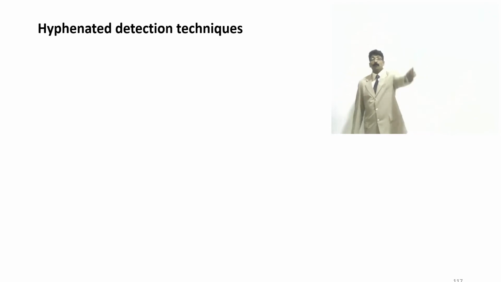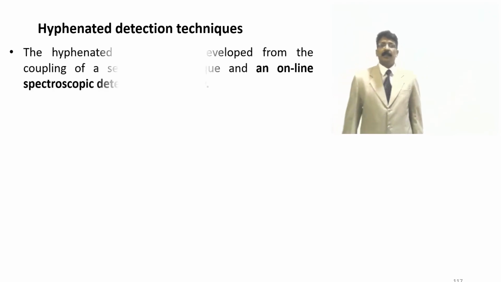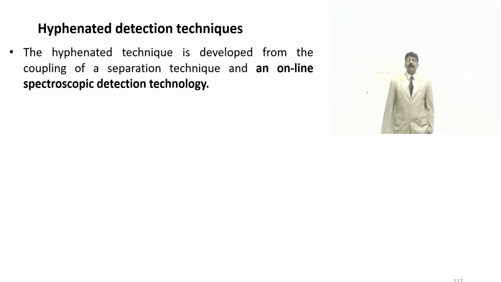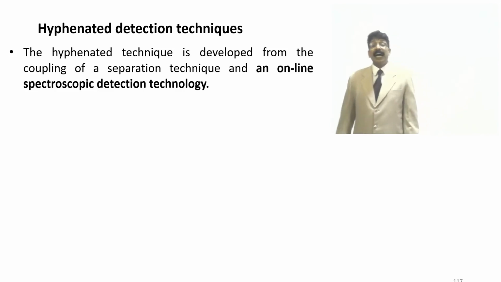Just now we discussed mass spectroscopy, which is connected with gas chromatography. And you can see, a hyphenated technique is developed from the coupling of two, or even three, usually two, separation techniques, online.